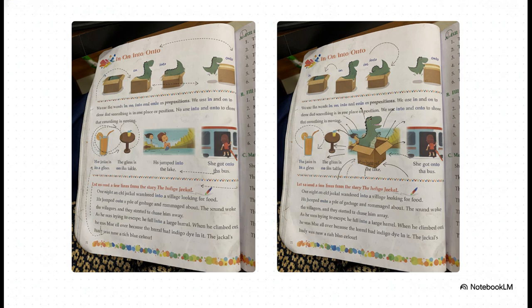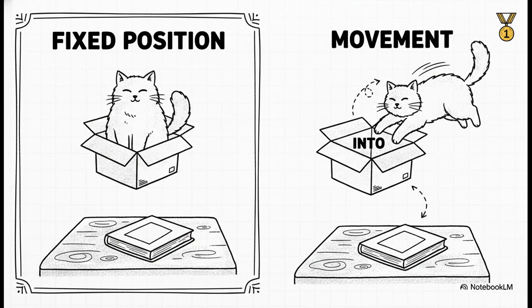But on the right, well, now the dinosaur is jumping into the box. That's an action, right? A movement from the outside to the inside. And this brings us to a super important point, something we can totally call the golden rule. If you're talking about a fixed position, something just staying put, you use in or on. But if you're talking about movement towards that position, you're going to use into or onto.